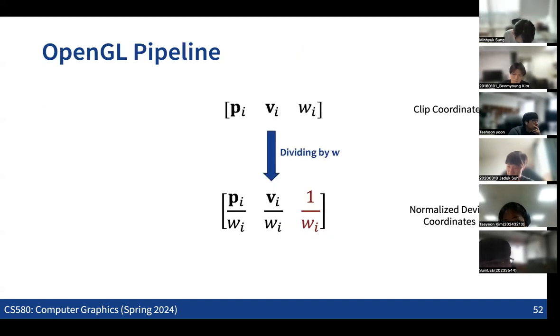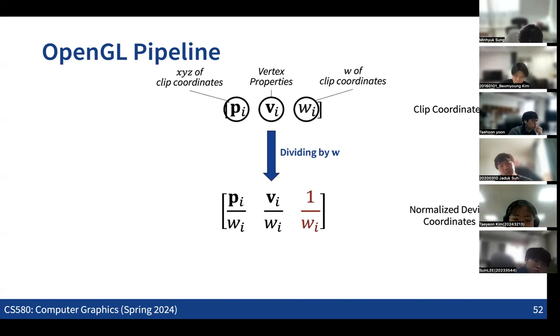If we look at some details of the clip coordinates in the OpenGL pipeline, we're going to have the XYZ coordinates of the clip coordinates, the W part of the clip coordinates, and also some vertex properties that can be normal, color, depth, whatever.